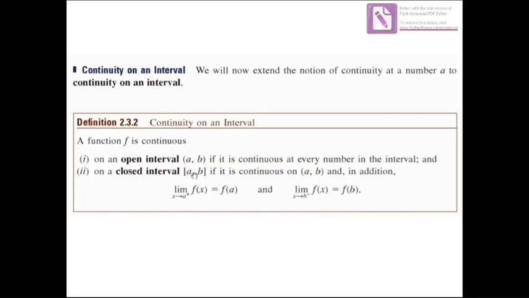For example, if we have the same interval 1 to 5, but here it is closed, this function is continuous from 1 to 5 if it is continuous at 2, 3, 4, and also the limit of f when x approaches 1 from the right is equal to f(1), and the limit of f when x approaches 5 from the left is equal to f(5).